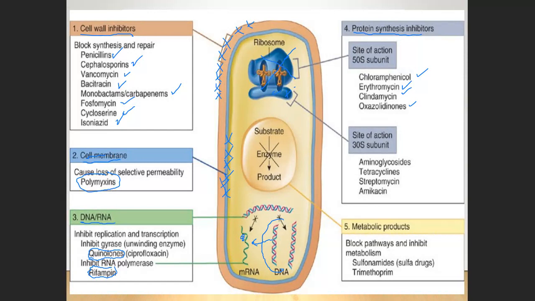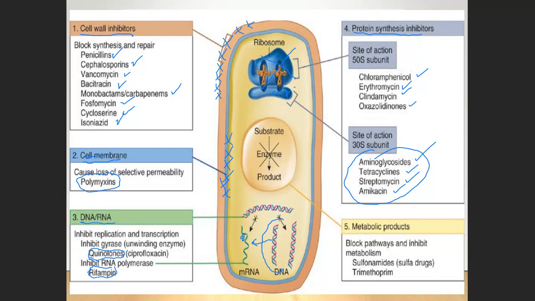Examples of drugs that block the smaller subunit are aminoglycosides, tetracycline, streptomycin, and amikacin. Right? So these are the drugs that block protein synthesis on the smaller subunit.